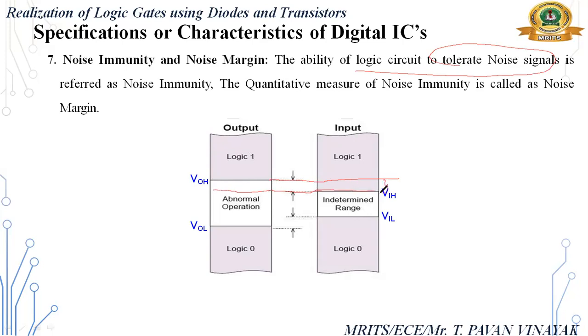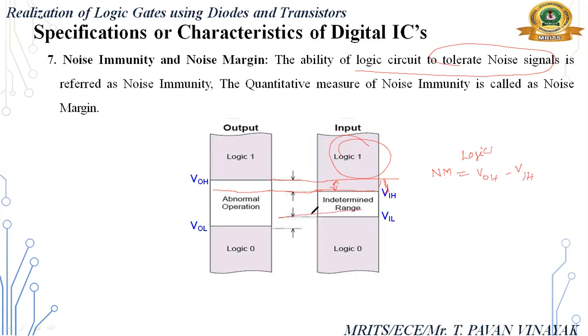So this range is called the noise margin, for logic 1. What is that value? VOH minus VIH. This is the noise margin for logic 1.